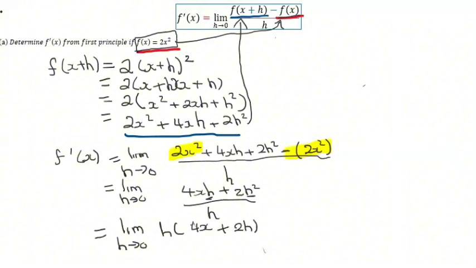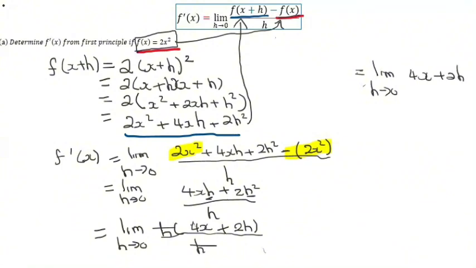If you distribute this h inside the bracket, you will go back here, so everything is correct so far. This is nothing else but divided by h. So once you are here, what you can do is very simple. This h will cancel this h. What we are going to be left with is the limit of h as it approaches 0, and then 4x plus 2h.